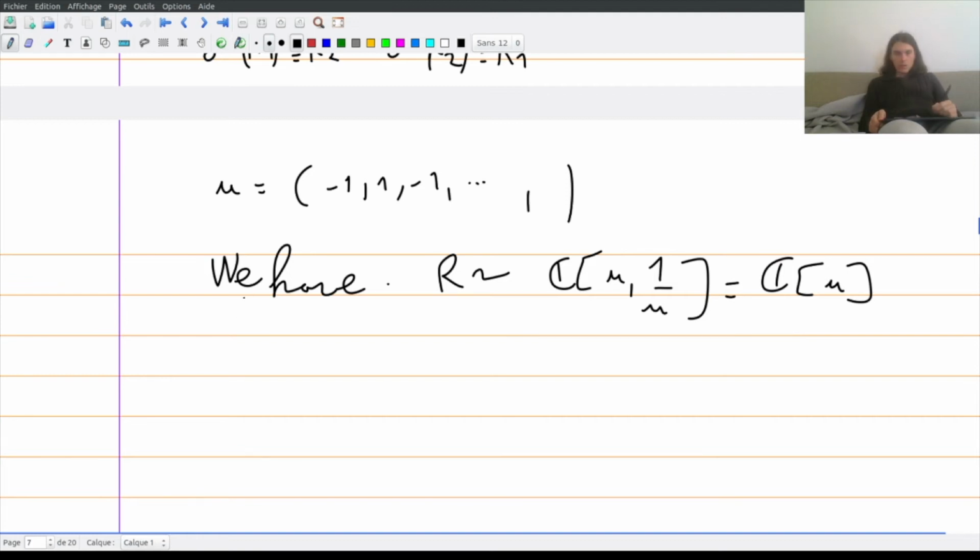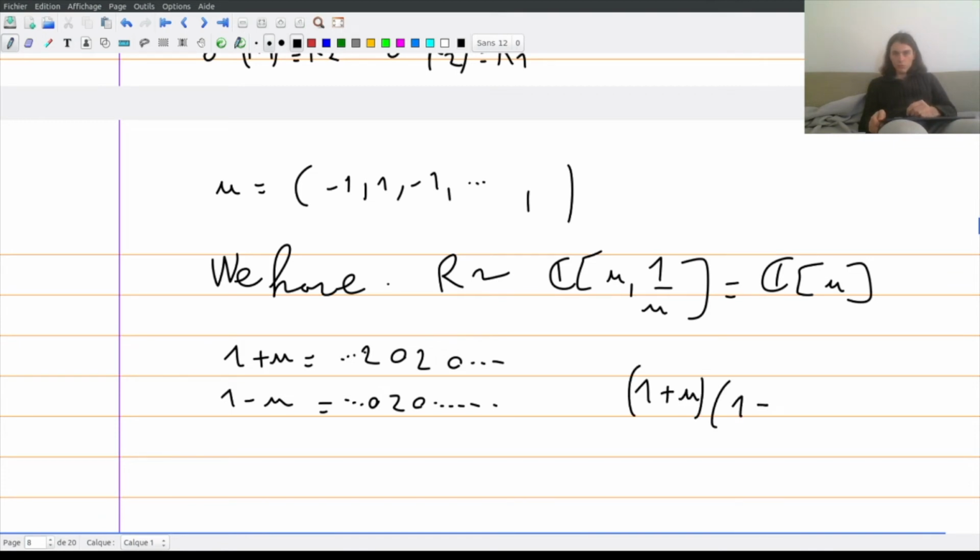And if I take 1 plus U, I find the sequence 2, 0, 2, etc. And on the opposite, I find 0, 2, 0, etc. And so 1 plus U times 1 minus U equals 0.